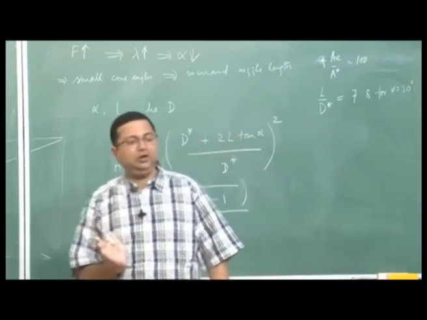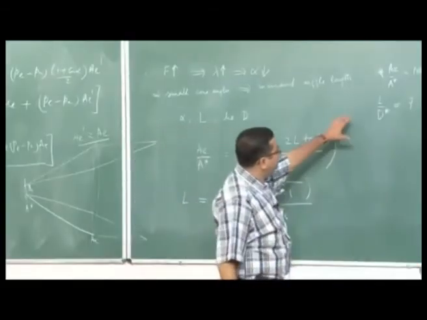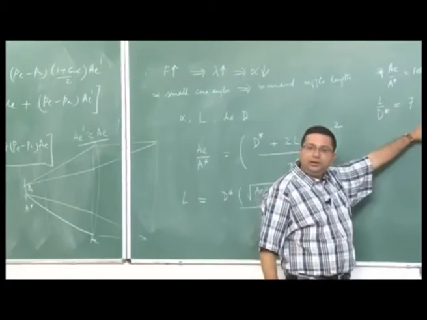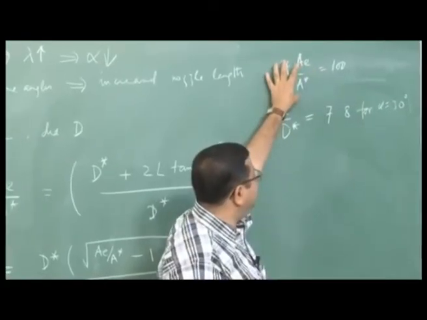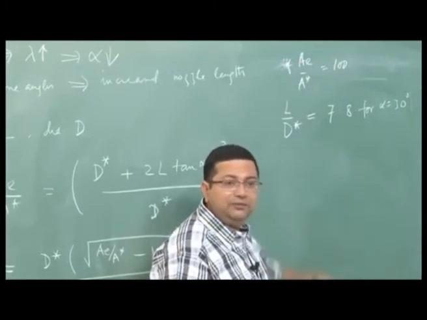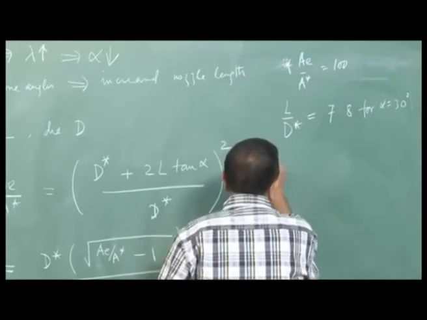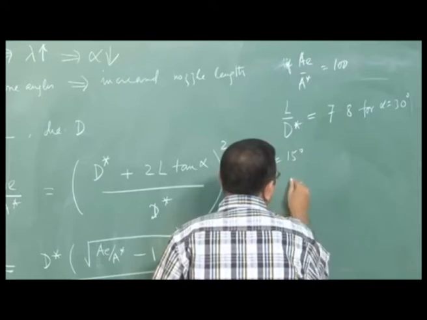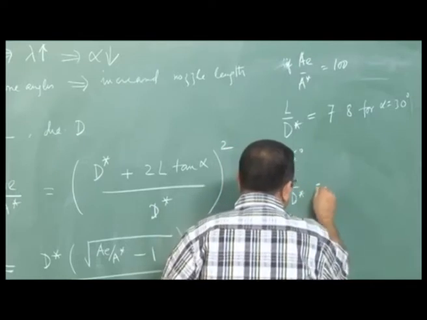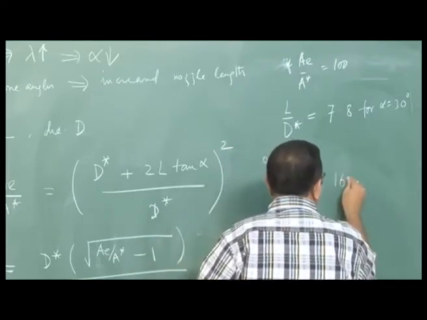So if we take the half angle to be 30 degrees, the length to throat diameter ratio is 7.8. Maintaining the same area ratio, if we reduce the value of alpha to 15 degrees, then the corresponding L by D star is going to be 16.8.